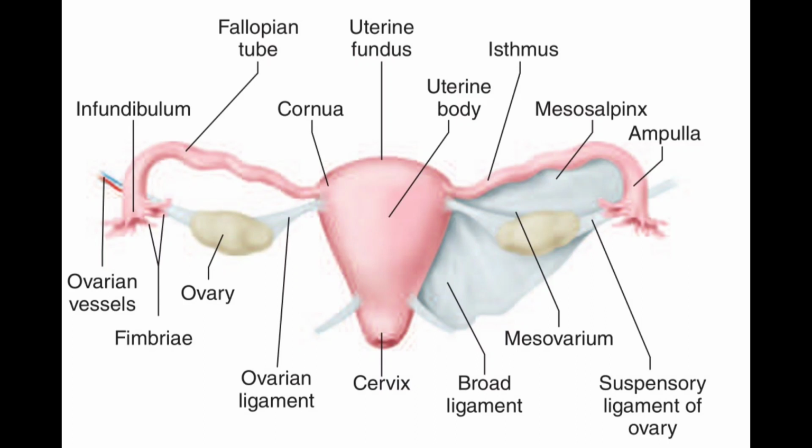So far as ultrasound imaging is concerned, you just have to pay attention to the uterine body, fundus and cervical region, and also pay attention to the ovaries, because these can be easily scanned on ultrasound imaging.